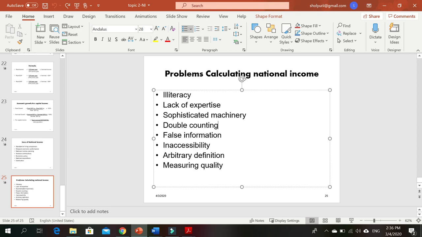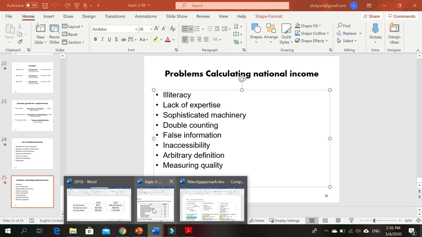So bila barang yang sama tapi harga berbeza, jadinya tak accurate lah. Supposedly satu barang, berat yang sama, supposedly harga yang sama, so that barulah kita ada keseragaman. That's why dia tak accurate in terms of calculating. So this is among the problems that we face in terms of measuring national income.